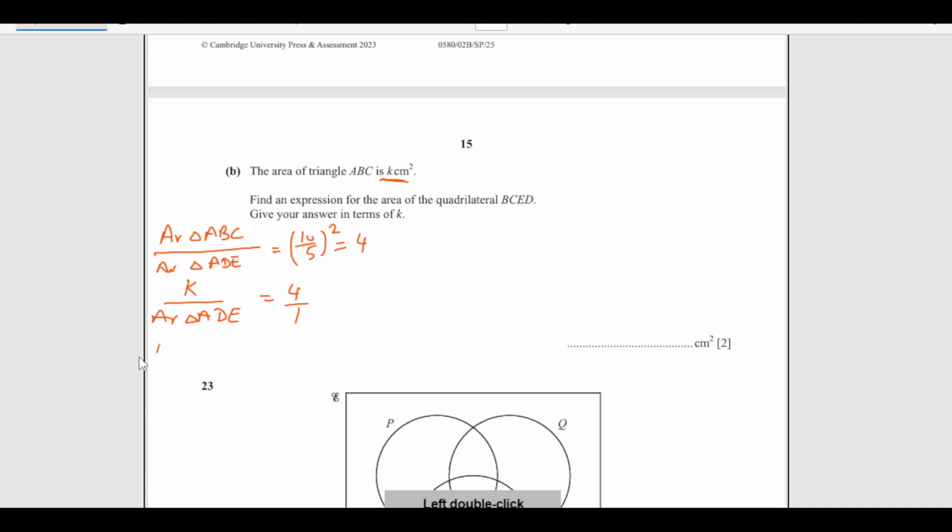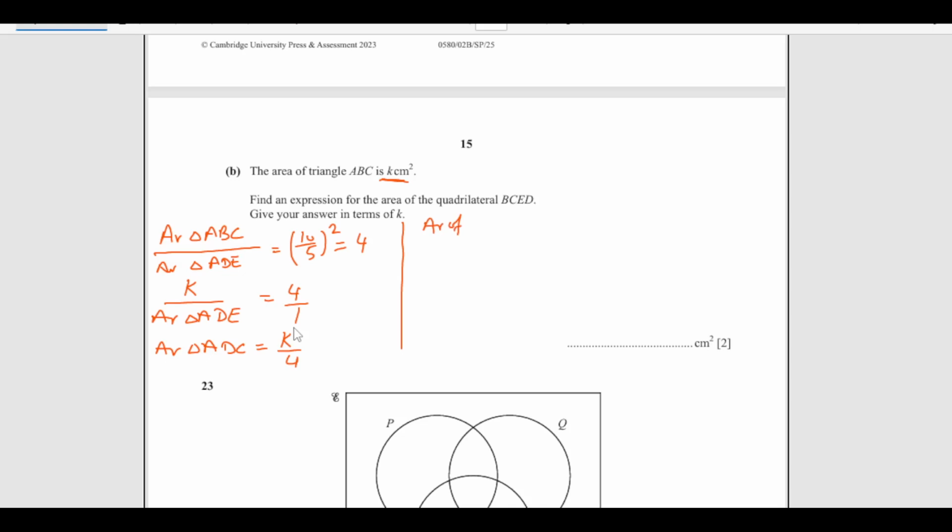So when you cross multiply, the area of triangle ADE is going to be K over 4, right. Now we are looking for the area of quadrilateral BCDE.